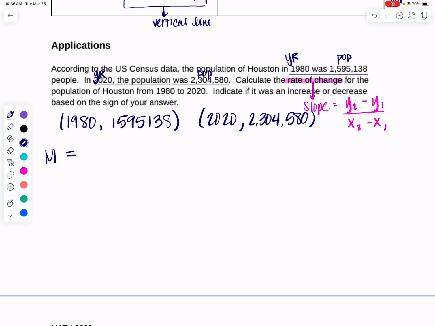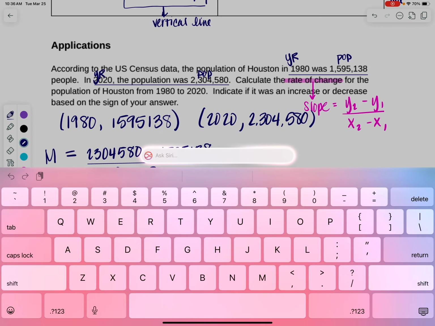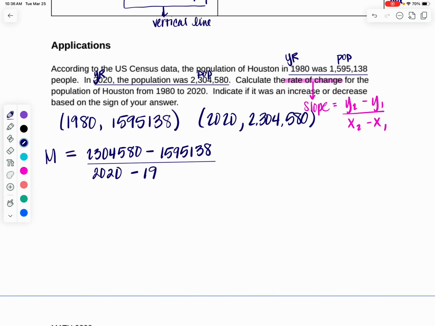So when I fill in my slope formula, I'll make this longer because I got some big numbers here. I need y2 minus y1 divided by x2 minus x1.